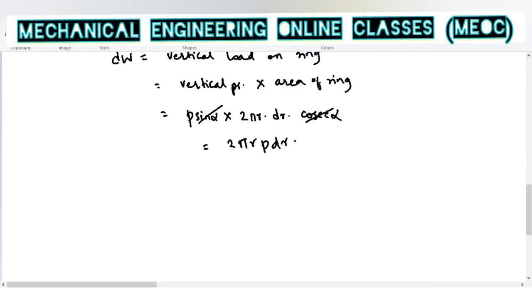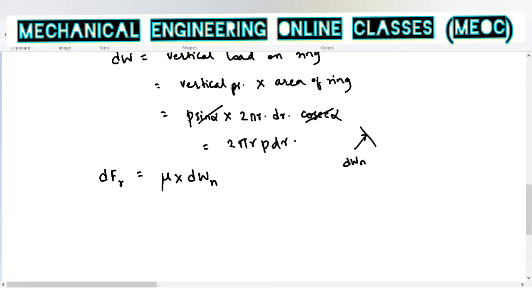Again, the frictional resistance offered by the ring, I am indicating it as dFr. The frictional resistance offered by the ring will be mu into normal force. Mu into normal force here is dWn, which is acting normal to the slant surface. So this is dWn, the normal load.